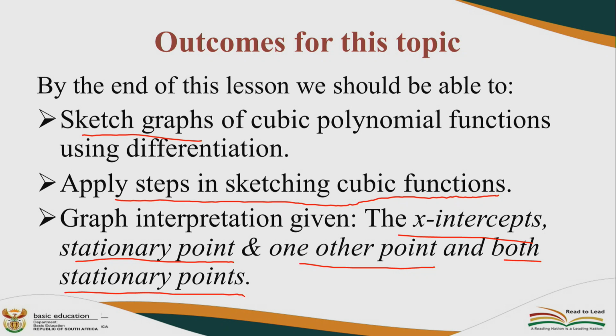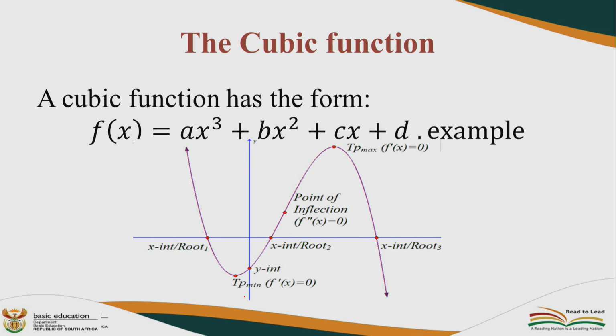So we're going to be having three cases. One is x-intercept only. Two is a stationary point and one point. Three is both stationary points. All right, let's start. A cubic function is given as f(x) equals ax cubed plus bx squared plus cx plus d.